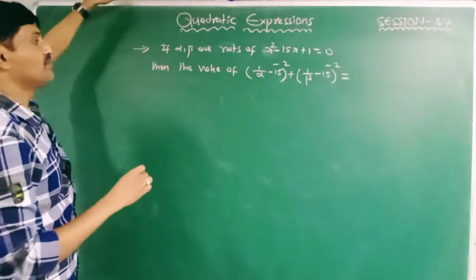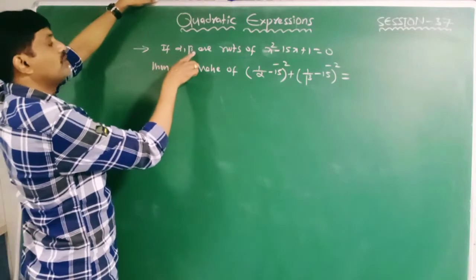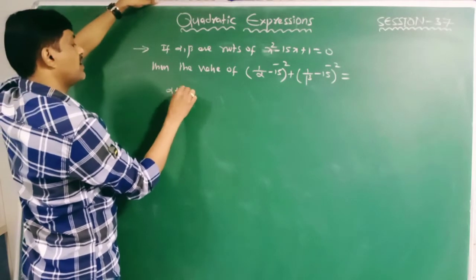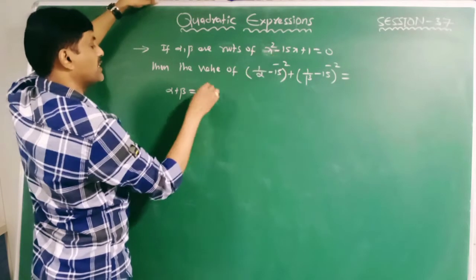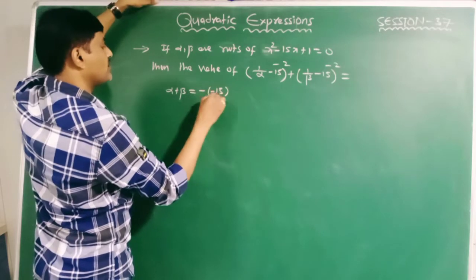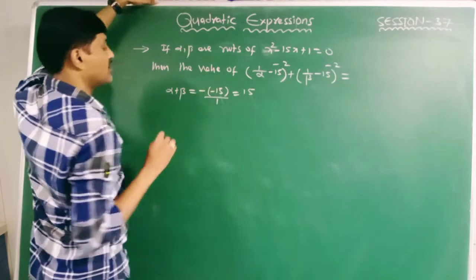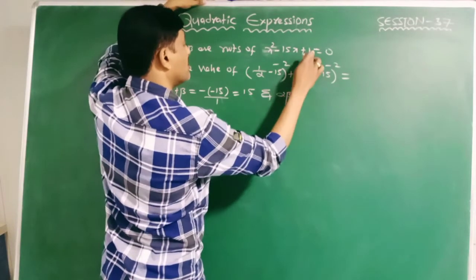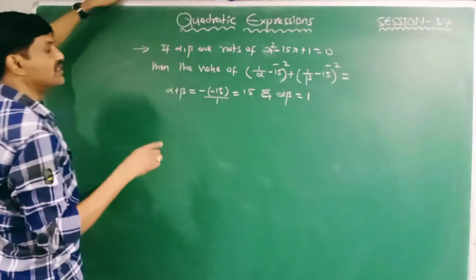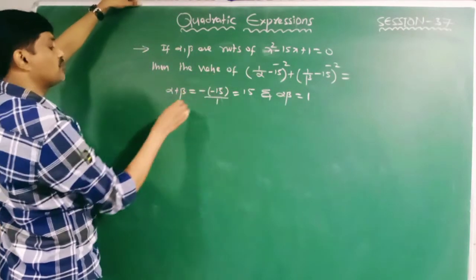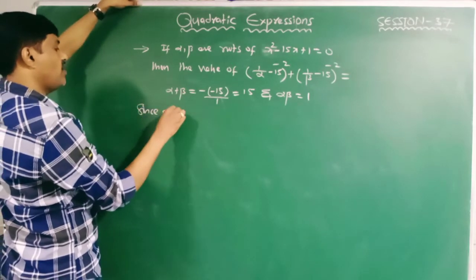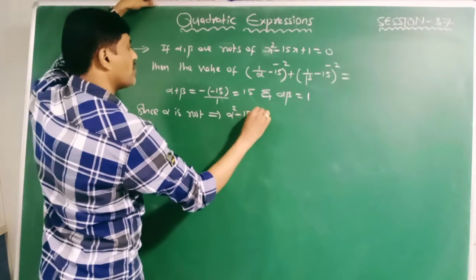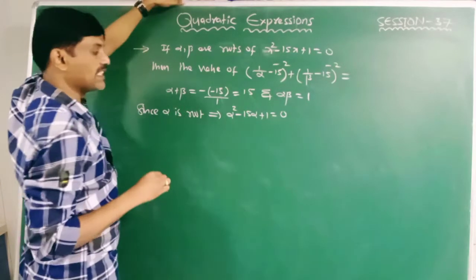Already alpha, beta are roots of this, therefore alpha plus beta is equal to minus b by a, minus of minus 15 by 1, so the sum of the roots is 15, and the product alpha beta is equal to c by a, that is 1. Since alpha is a root, this implies alpha square minus 15 alpha plus 1 is equal to 0.